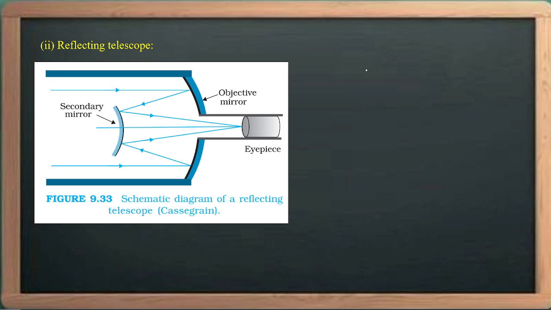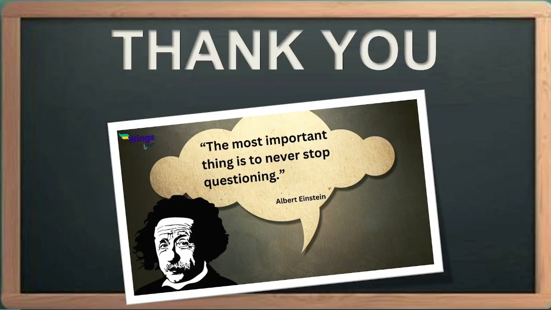Then we have the reflecting telescope. For this, magnification is not given. So this is all about this video, dear students. We'll meet you in the next video with new ideas. Till then, take care. Bye bye.